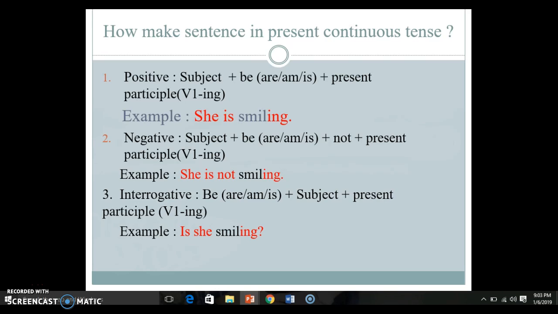So, how do we make a sentence in present continuous tense? For positive sentence, the formula is subject plus be (are, am, or is) plus present participle or verb 1ing.